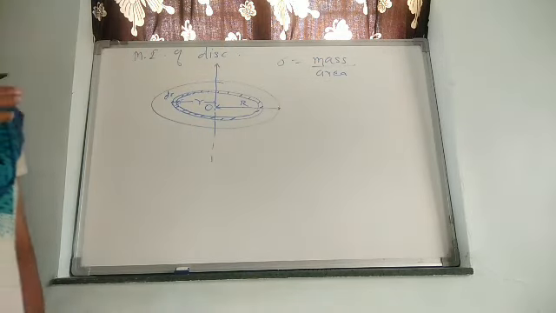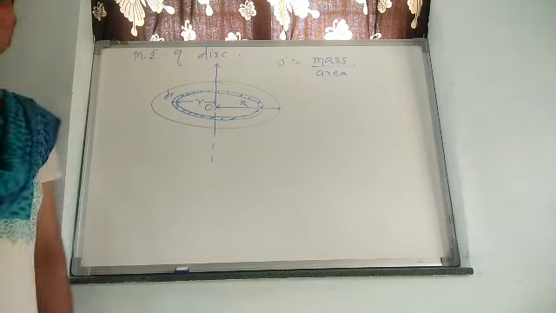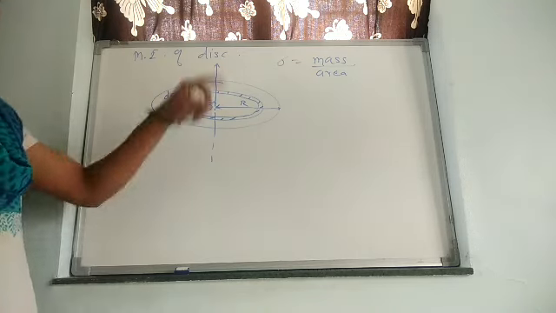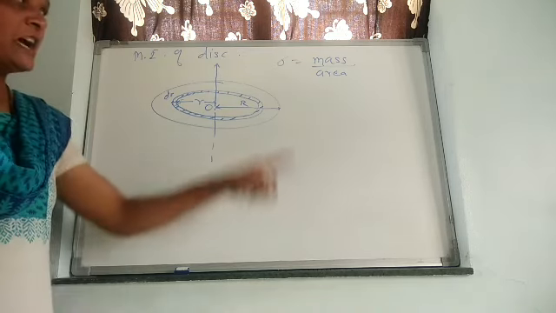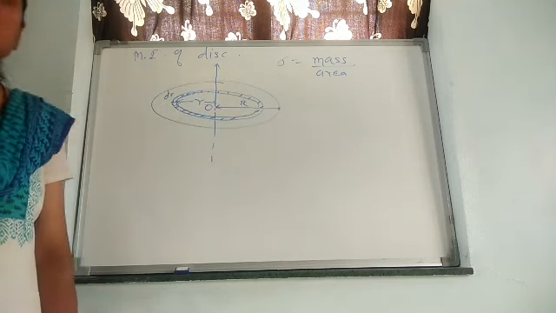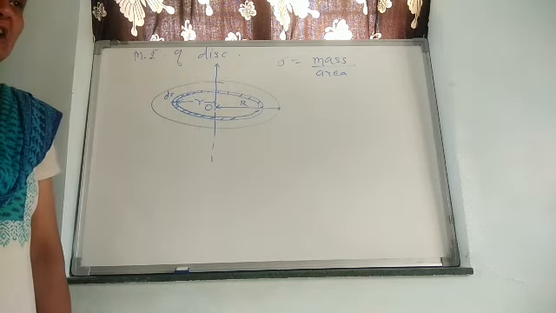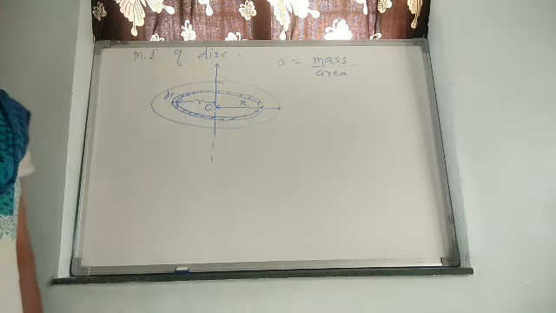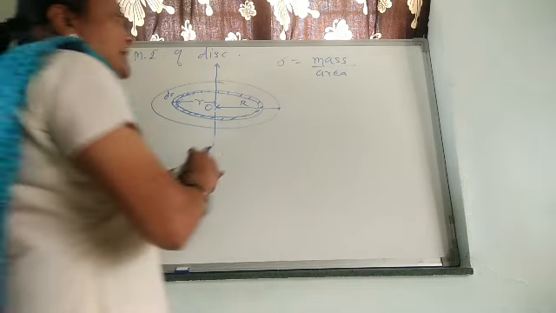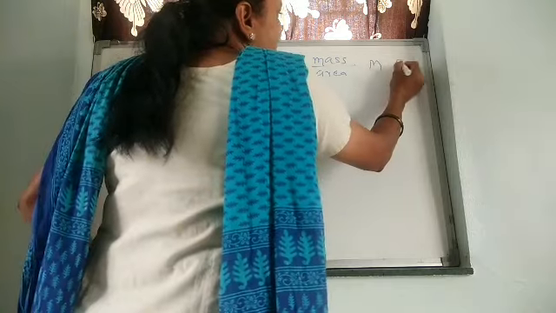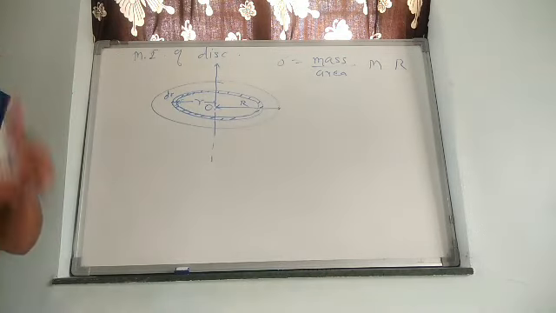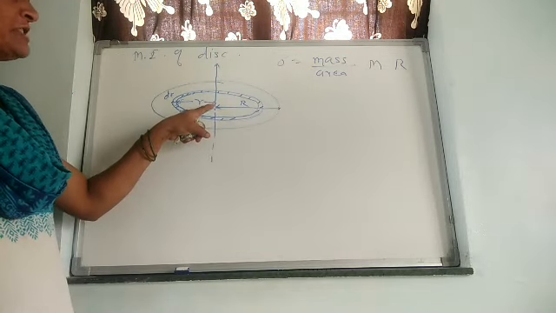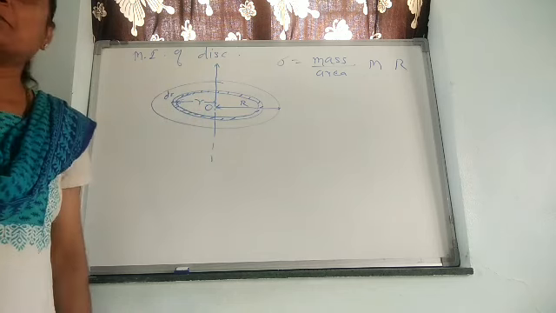The disk is said to be uniform when its mass per unit area, that is surface density, remains constant throughout. Here, we consider a uniform disk having mass M and radius R, rotating about an axis that passes through its center and is perpendicular to its plane.